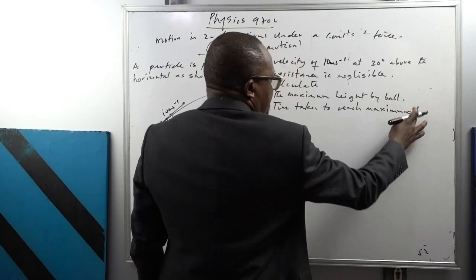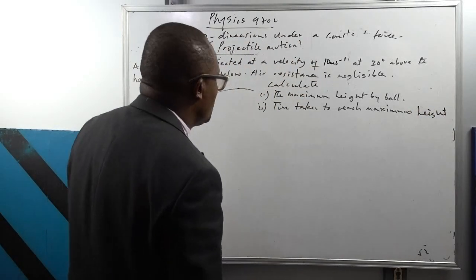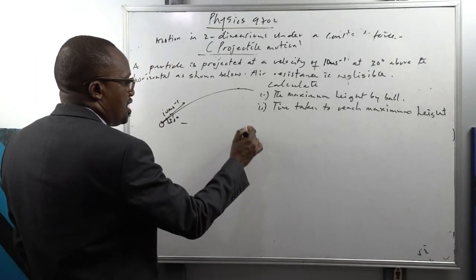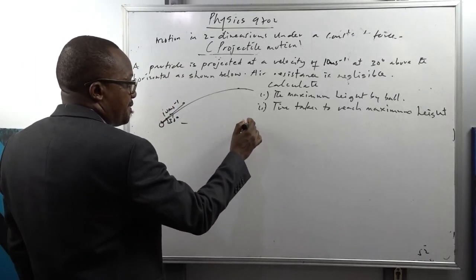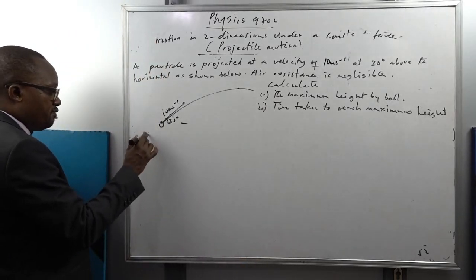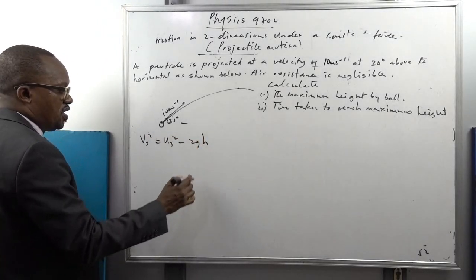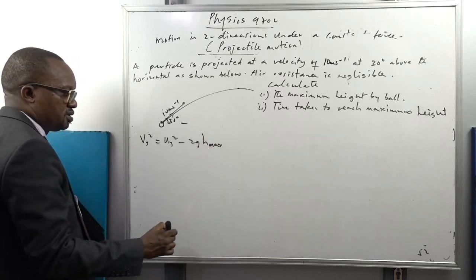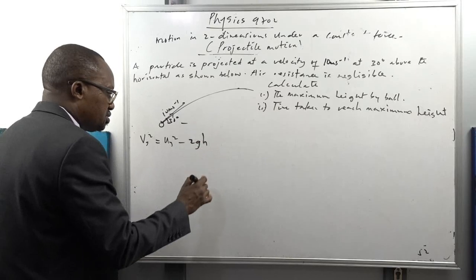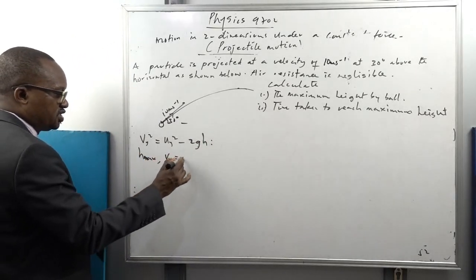So to find the maximum height reached by the ball, I can use the equation in which the velocity along the vertical is changing with time. So I have Vy squared is equal to what? Uy squared minus 2gh. At maximum height, vertical velocity is 0.